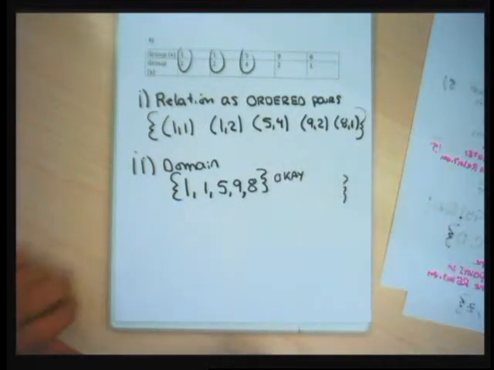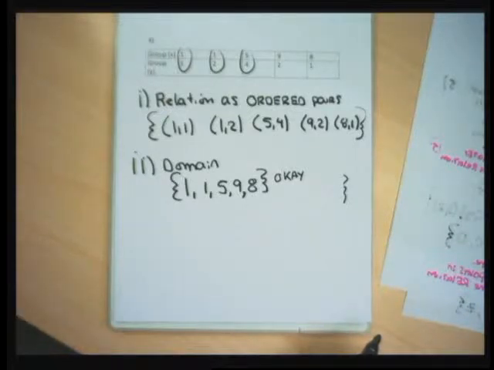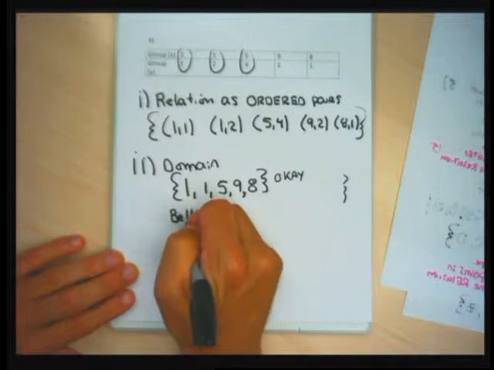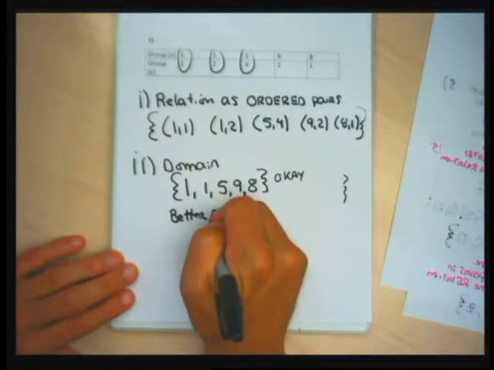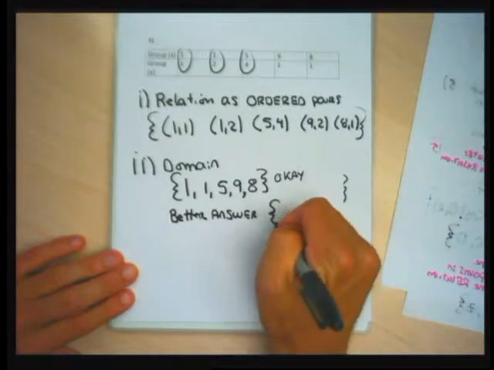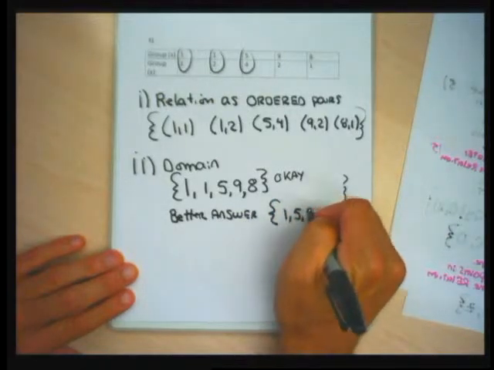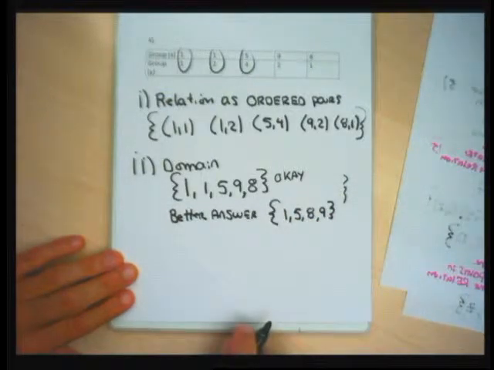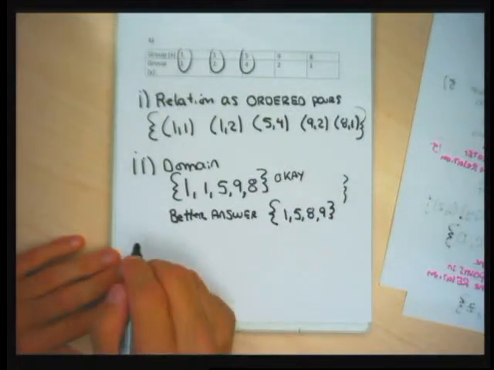Normally, if I'm going to write the domain of a relation that only has 5 points, I'm going to write the numbers in ascending order, and I'm not going to duplicate if there's a duplicate number. A better answer for the domain of this relation wouldn't have the 1 written twice, and would take the time to write the numbers in ascending order. But it's not wrong what I initially wrote, it's just not a slick answer.